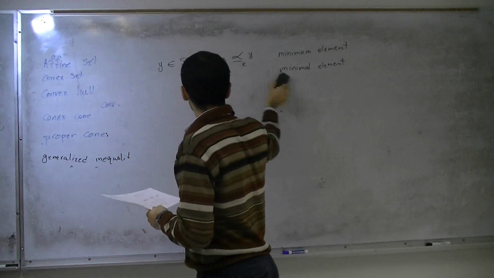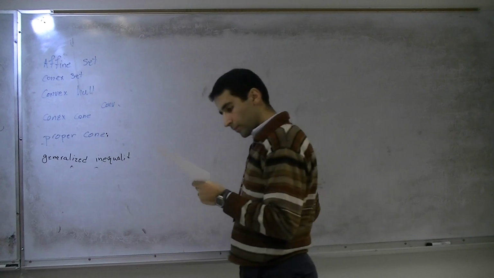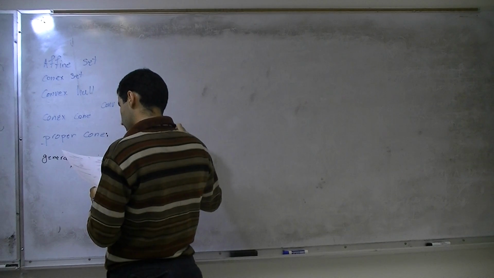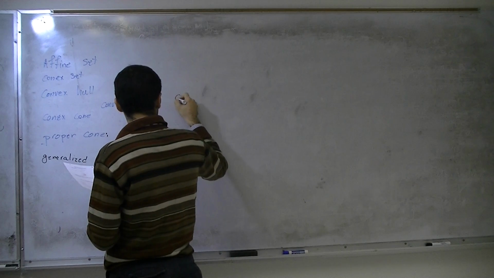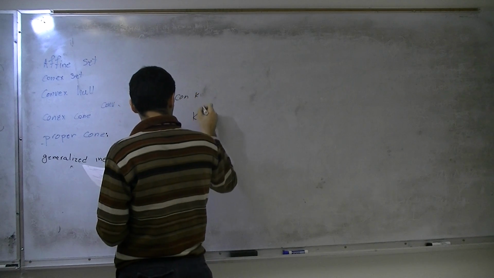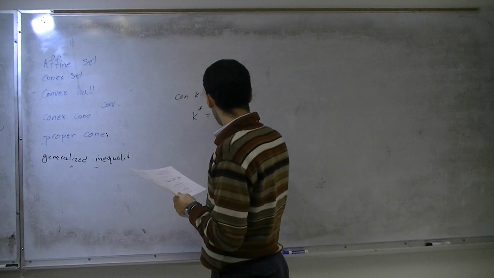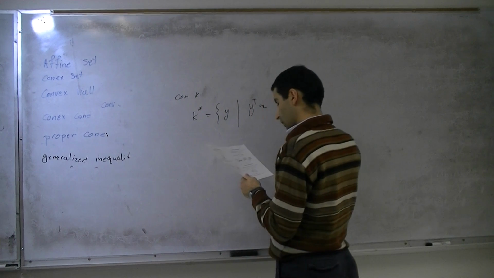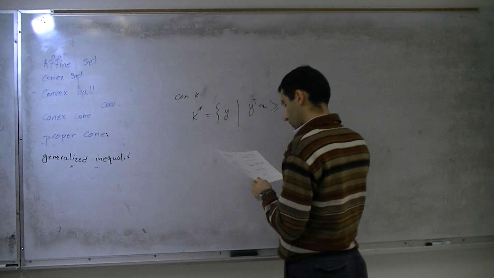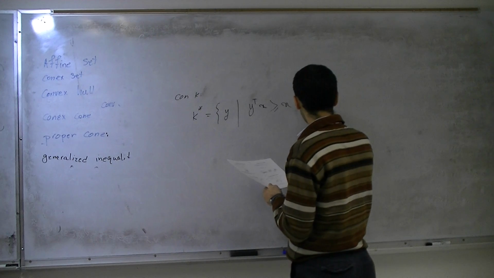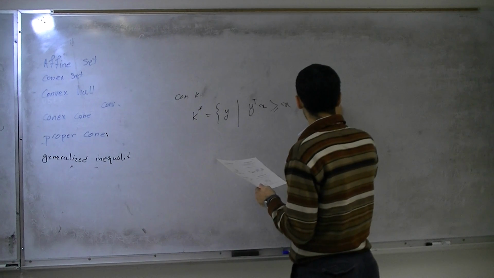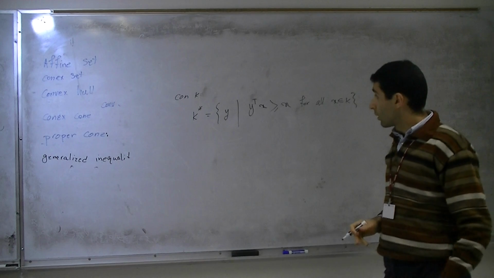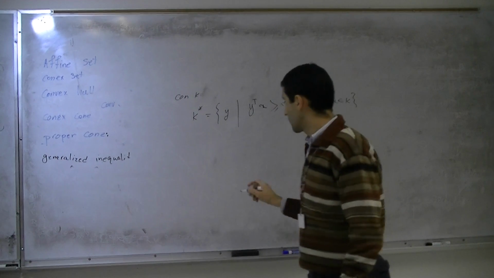Next topic is dual cone. Dual cone by definition is, for a cone K, the dual cone is the set of points y such that y transpose x is bigger than or equal to 0 for all x belonging to K. Let's draw a picture.